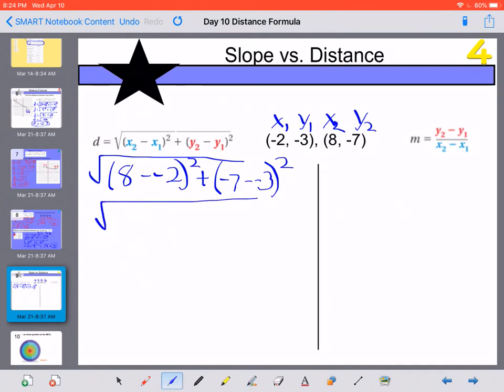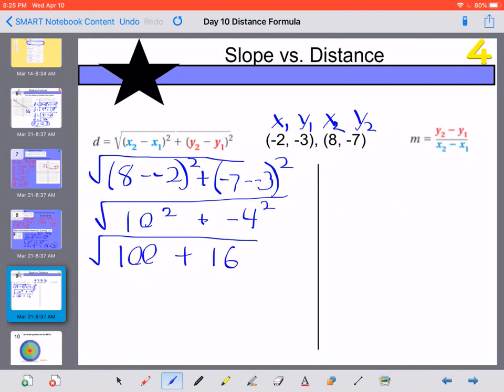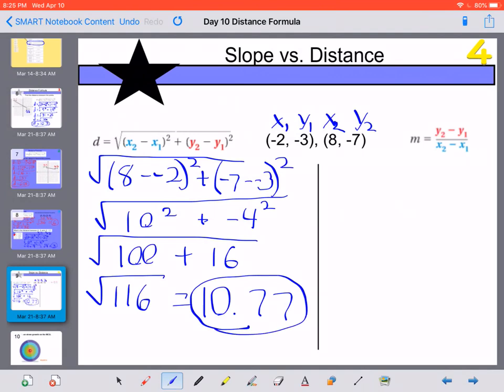So that's going to be 10 squared plus a negative 4 squared. So 100 plus 16. So the square root of 116. If I put that in my calculator, I get 10.77. That is my distance between those 2 points.